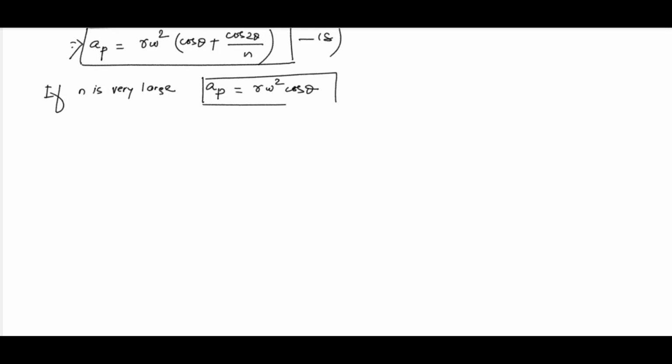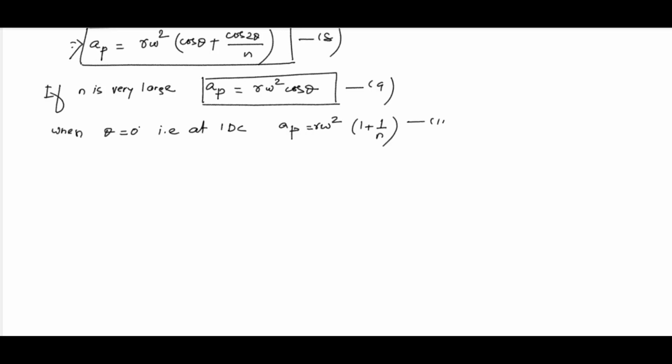Okay, this one is 9, and when theta is 0 degree, that is at the inner dead center, acceleration of piston is r omega square (1 plus 1 by n).